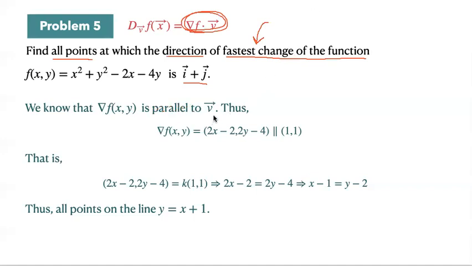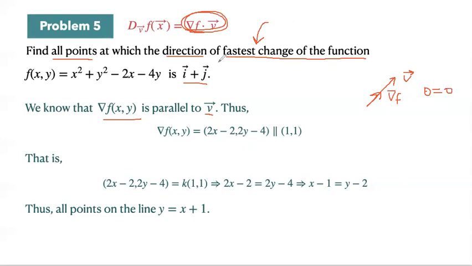Actually, we can say that it is parallel because, I mean, if there is a gradient f vector, and this is the v direction, then theta equals 0. So we get the maximum of the directional derivative.